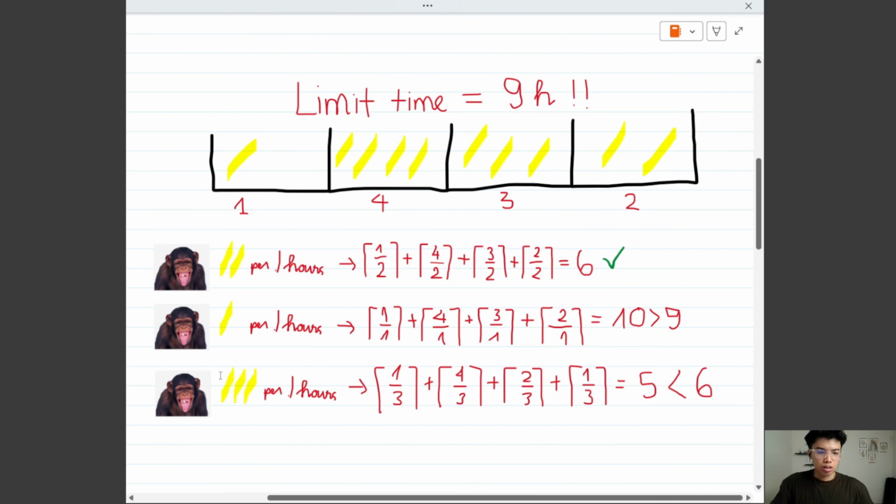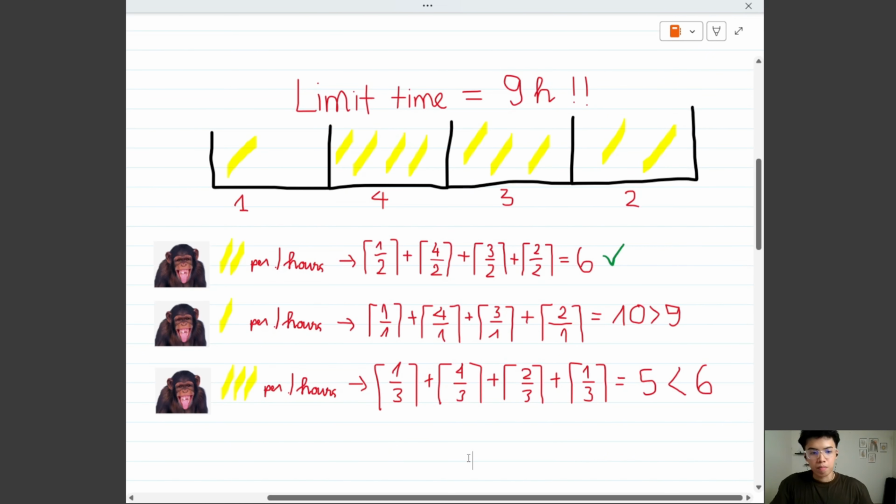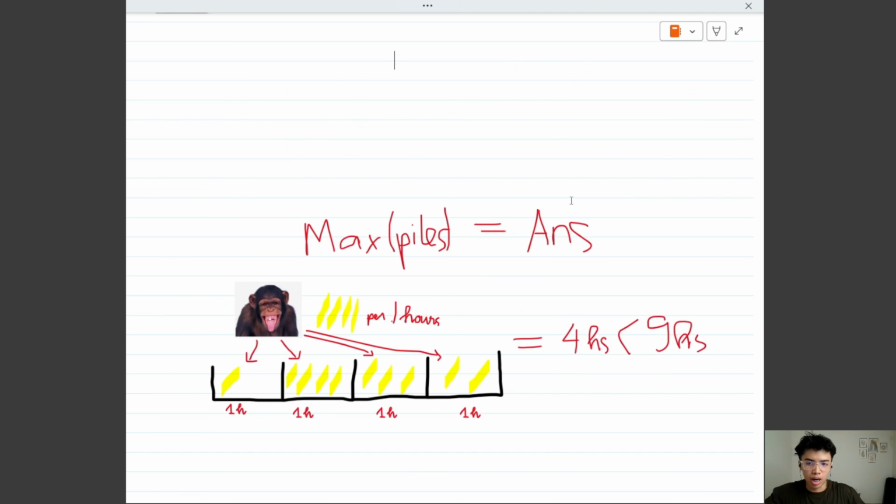So the rate of 3 bananas per hour is bigger than the rate of 2 bananas per hour. So the answer of 3 bananas per hour is invalid because we have to find the minimum rate at which Koko can eat bananas. So I wonder, what is the maximum speed we could ever need?